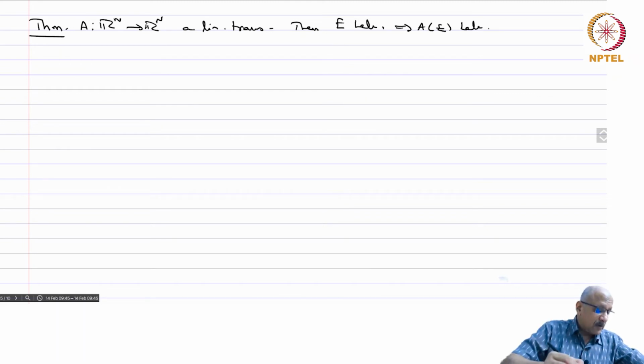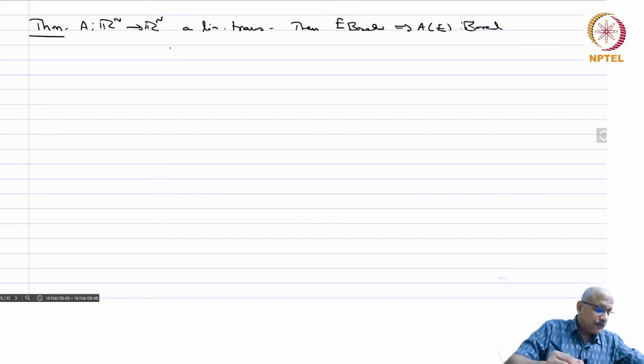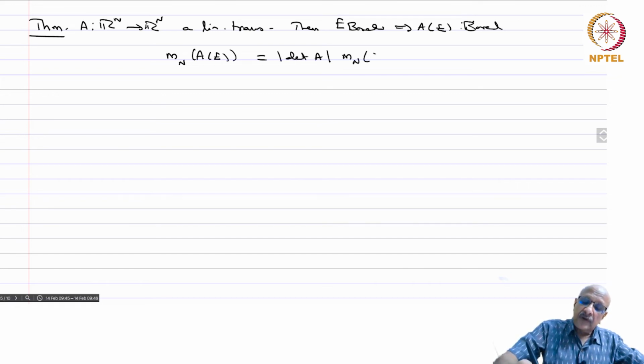Lebesgue means Lebesgue measurable. It's also true for E Borel: AE is Borel, and Mn of A of E is nothing but the modulus of the determinant of A times Mn of E. So this is the meaning.